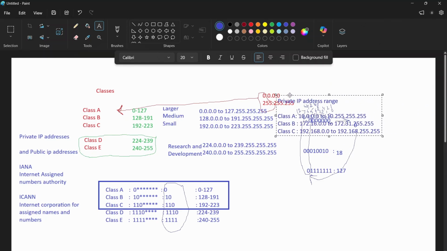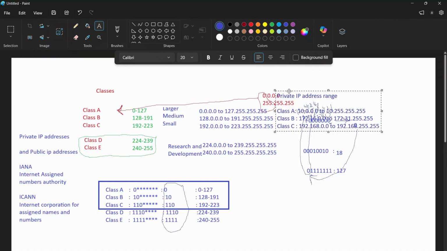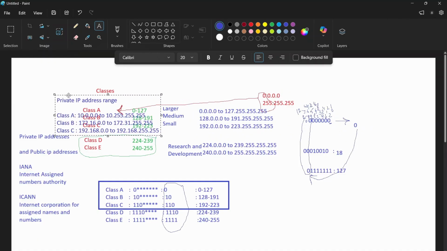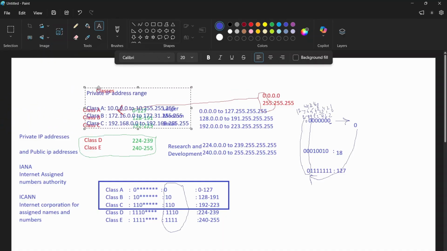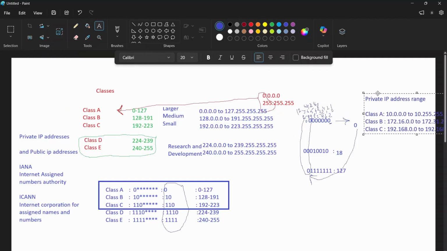If you observe here properly, this is the private IP address range I am saying. Let me put it here so that it will be easy to understand. 10.0.0.0 and 10.255.255.255 will be part of this range. Class A is 0 to 127, and in between only 10 will come.